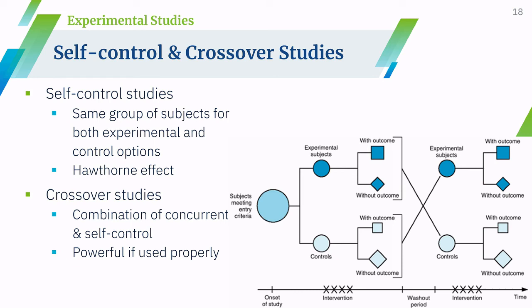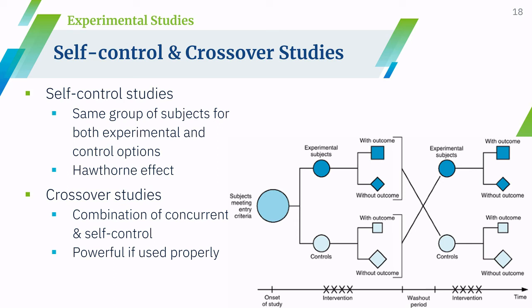The self-controlled study design can be modified to provide a combination of concurrent and self-controls. This design uses two groups of patients. One group is assigned to the experimental treatment, and the second group is assigned to the placebo or control treatment, as shown in the figure on this slide. After a time, the experimental treatment and placebo are withdrawn from both groups for a washout period.